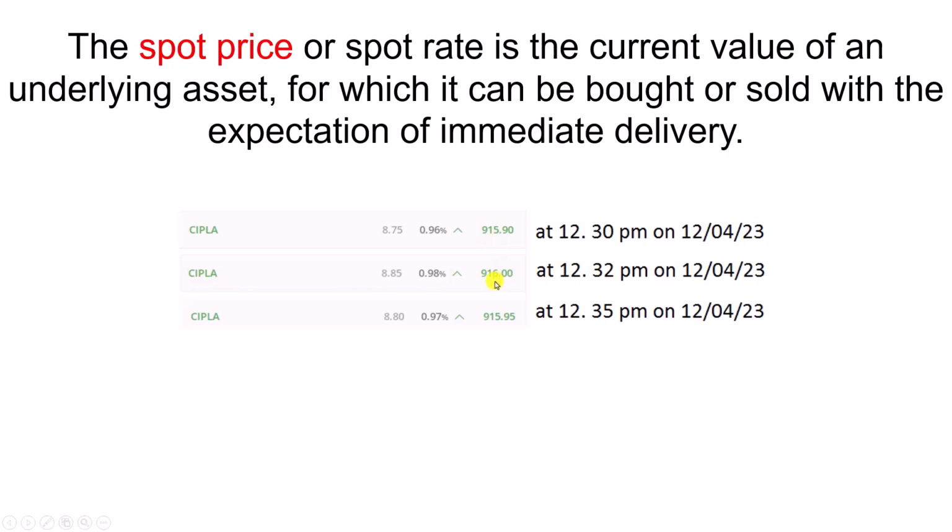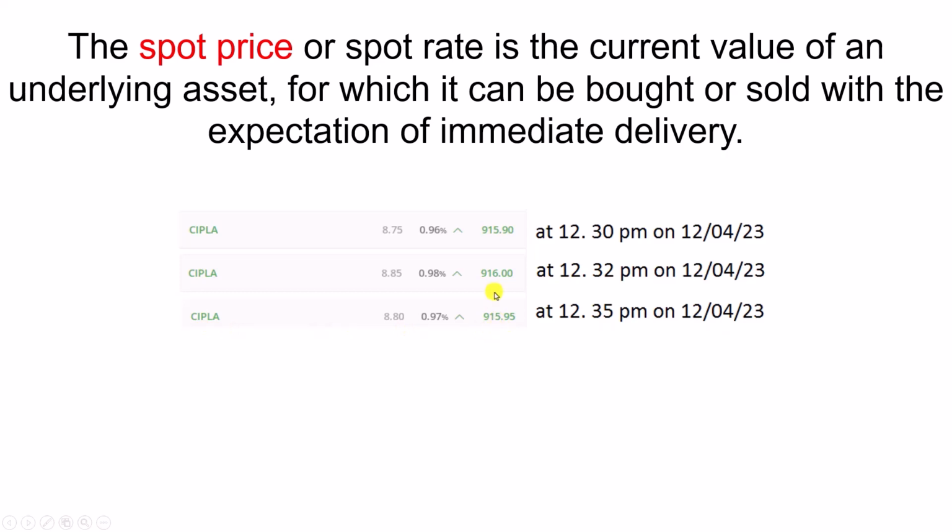That means if you wanted to buy one Cipla stock at 12:32 p.m. on 12th April 2023, you should have been paying 916 rupees. Same way at 12:35 on the very same day, this was the amount at which Cipla was being traded.